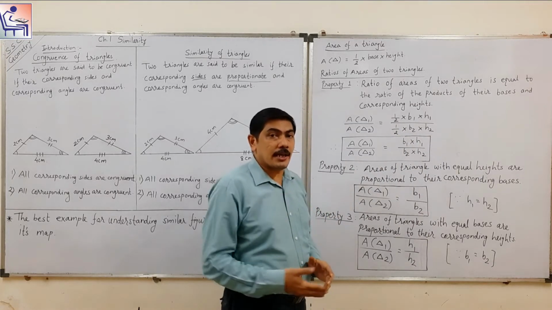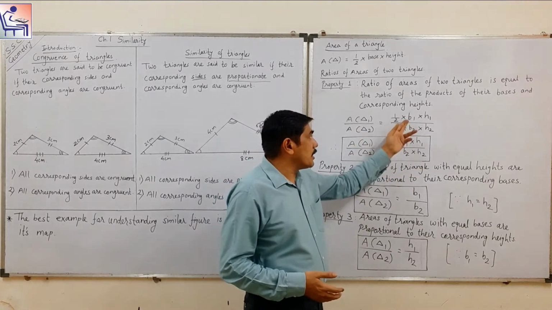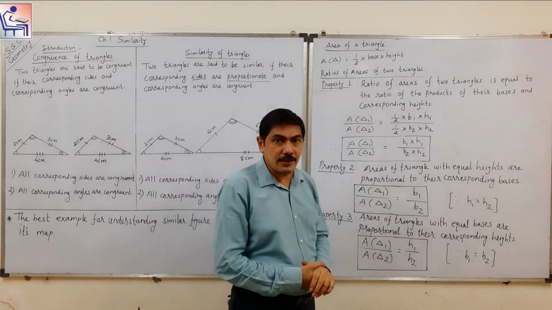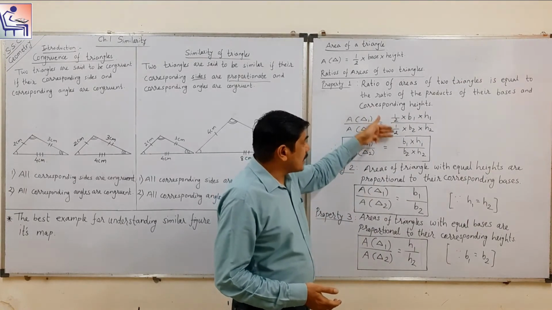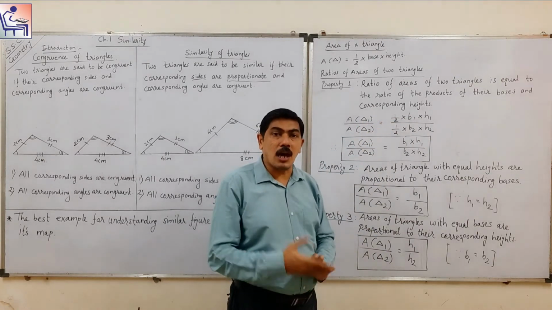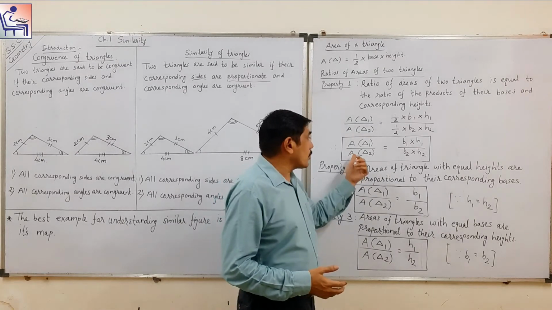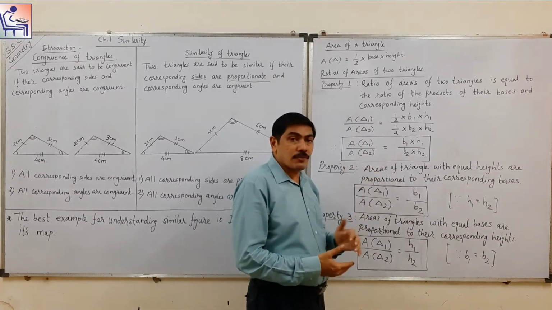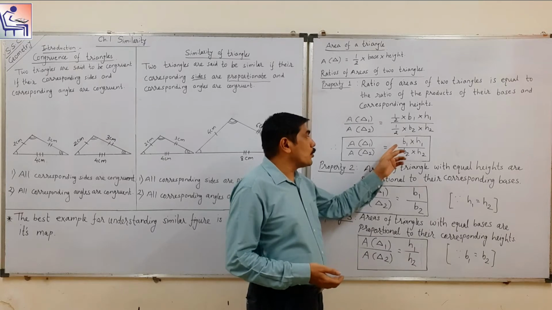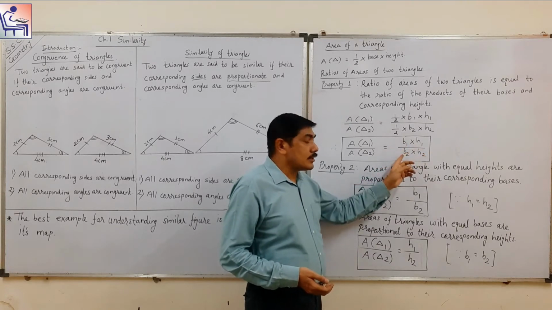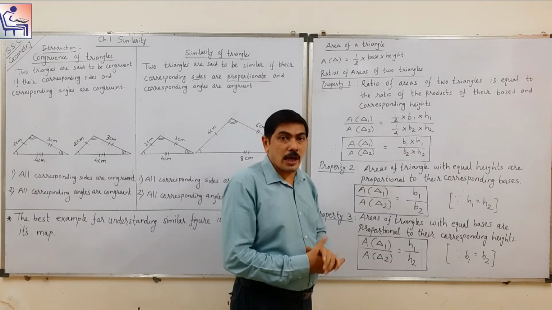B2 and H2 are for the second triangle and B1 and H1 are for the first triangle. Now if you cancel the constant part, that is half, what remains? Area of triangle 1 upon area of triangle 2 is equal to B1 into H1 upon B2 into H2.